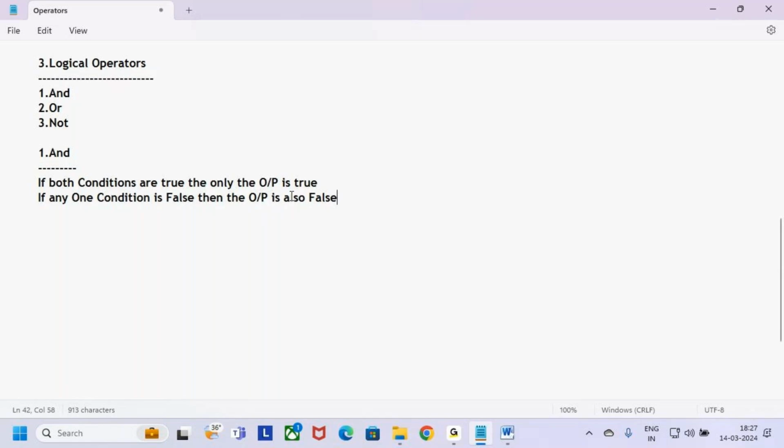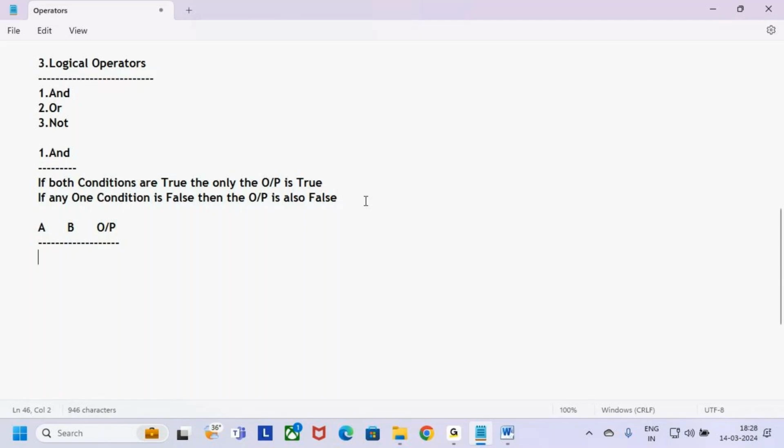So when the output is false, if any one condition is false, then the output is also false. Let me explain the two points I'm keeping here. Now let's say I'm having two input columns, A and B are the inputs, and I'm having one output column, guys.